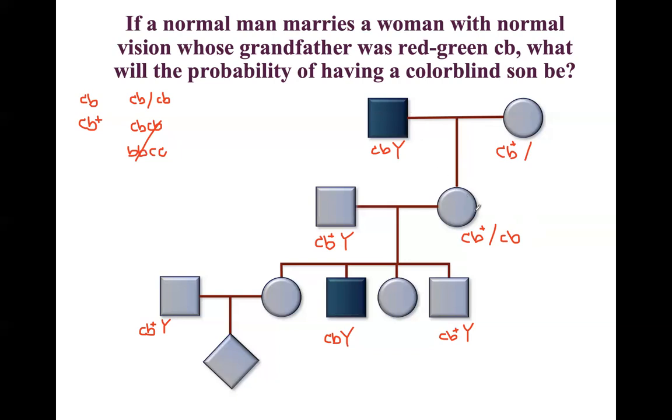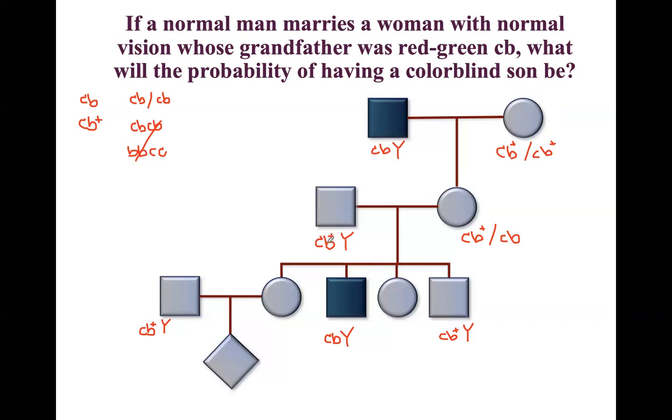So this disease allele is not from mom. This is a rare trait. Since we know it didn't come from mom, mom is probably CB plus. Again, we figured out that the reason she has a grandchild that's colorblind is because of him. So chances are it's not because of her, because colorblindness is a rare trait.